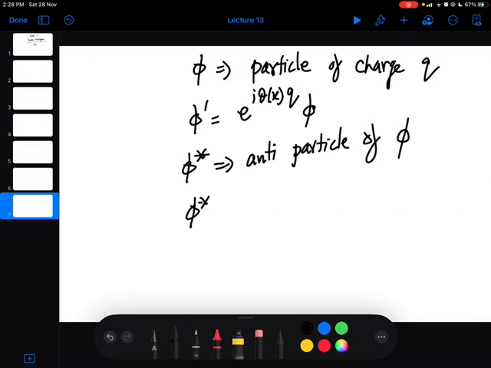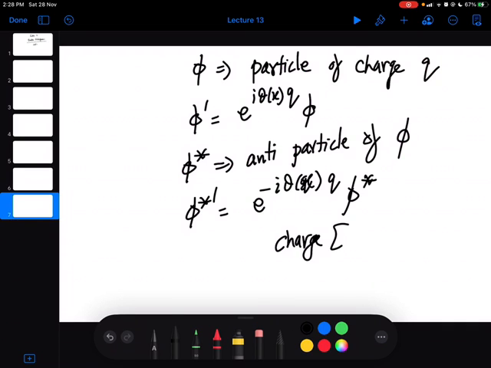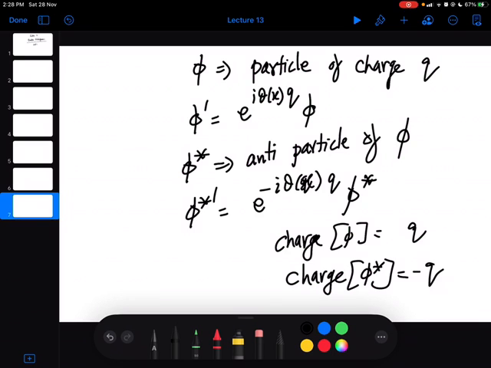So phi star prime is equal to e power minus i theta of x q. So phi star has a charge minus q. Charge of phi is equal to q. Charge of phi star is equal to minus q.